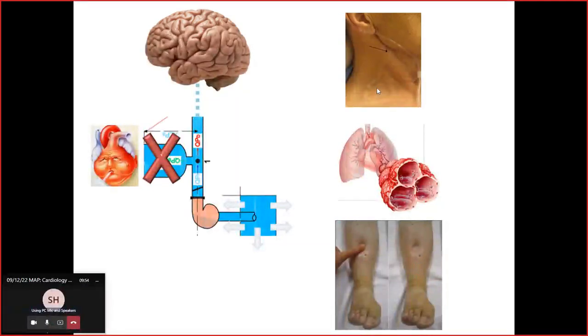This will present as congested neck veins, fluid collected within the lung causing lung edema or pleural effusion, and fluid collected in the lower limb causing lower limb edema. And because the pump ejection of blood is not enough, this will cause low cardiac output symptoms in the form of dizziness and kidney injury.